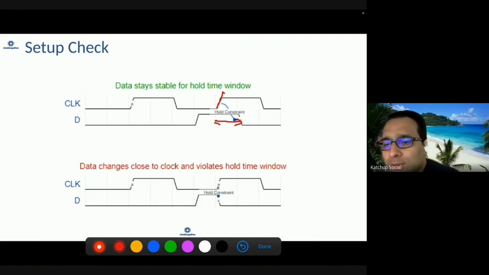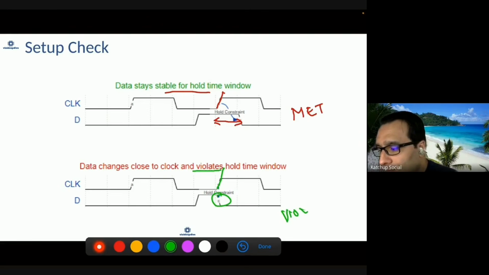And if data is stable for that amount of time, you are meeting the hold time. So your hold time is being met. But if, let's say this is the clock edge, and data is not stable for the required amount of time as defined by the library, it means you are violating the hold time, or your hold time is being violated. You're not meeting hold time.